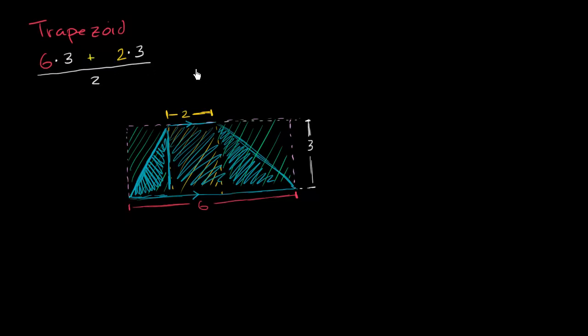Or you could also think of it as, this is the same thing as 6 plus 2, and I'm just factoring out a 3 here, 6 plus 2 times 3, and then all of that over 2. Which is the same thing as, and I'm just writing it in different ways.